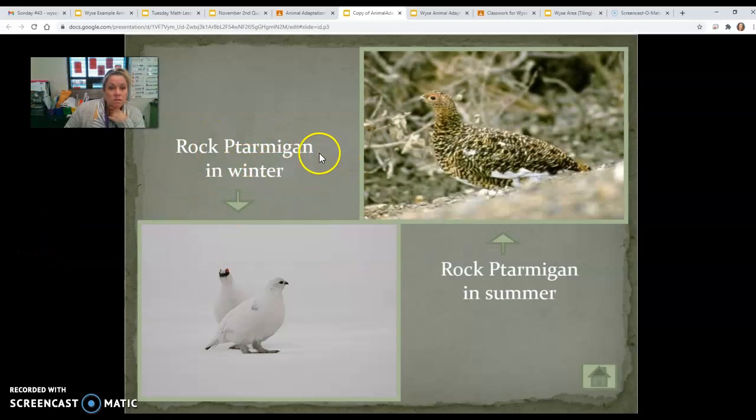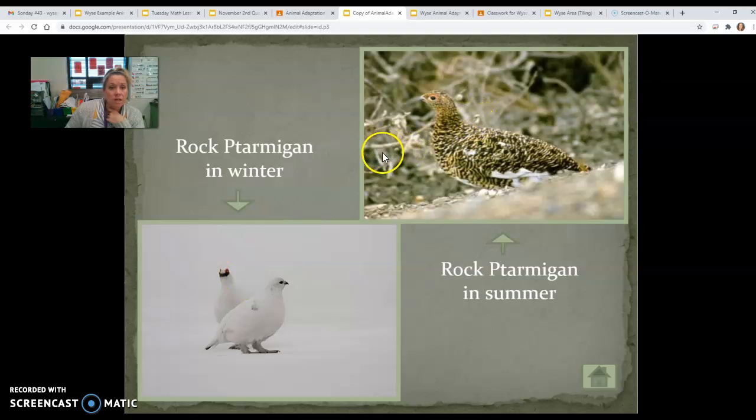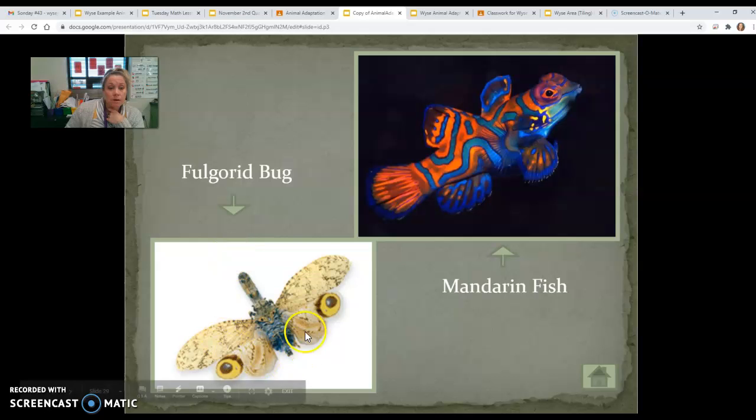This ptarmigan in the winter is white, and then in the summer it gets different feathers and turns into this spotted color right here so it can camouflage into its environment during winter and summer. So that's pretty cool. This bug looks like it has eyes, and this is mimicry, so it's mimicking another animal, maybe like an owl.